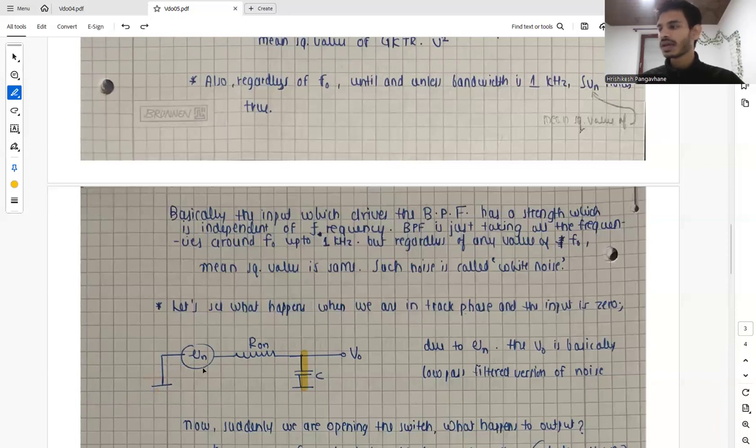Still, due to Vn, at V naught we are basically getting a low pass filtered version of noise. So RC is acting as a low pass filter, and the noise is getting filtered. At this output node, we are basically getting a low pass filtered version of the noise.